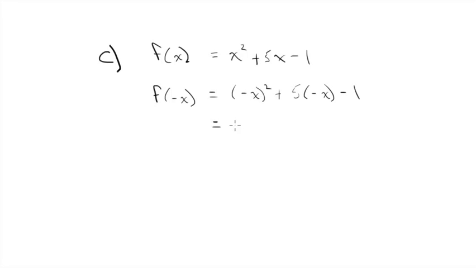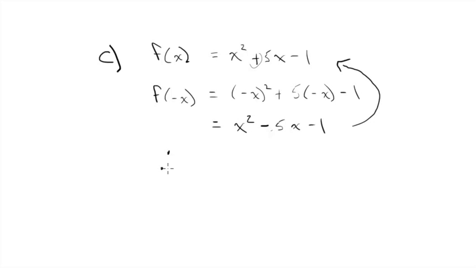Well, negative x squared is x squared. 5 times negative x is negative 5x minus 1. So now you check back to this one. Are these the same? No, they're not the same. They're close, but the difference is this negative sign here and this positive sign here. So they're not the same, and they're not negatives of each other. I couldn't just factor out a negative sign and get back the original, or the negative of the original.